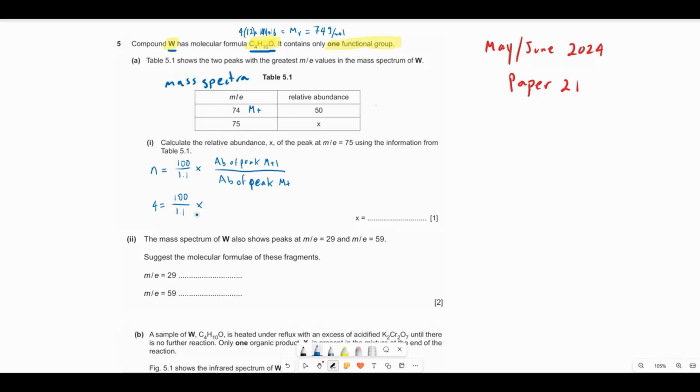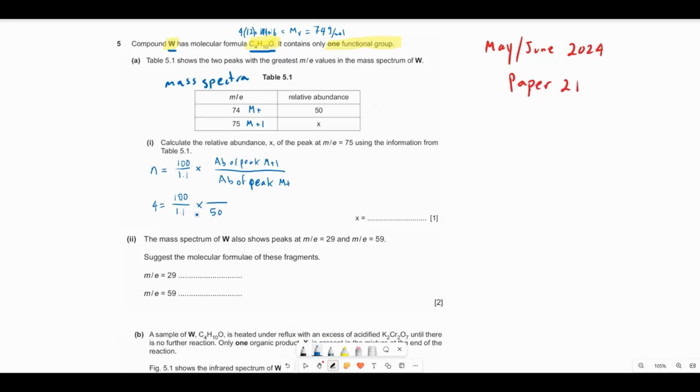Because the molar mass of this compound is 74, we know that this 74 peak has to be the M plus peak. And therefore, if the molar mass of the compound is 74, and that's the M plus peak, then the peak at 75 has to be the M plus 1 peak, because it's 1 more than the molar mass. So that actually means that 50 is the abundance of the M plus peak. So this is only 50.